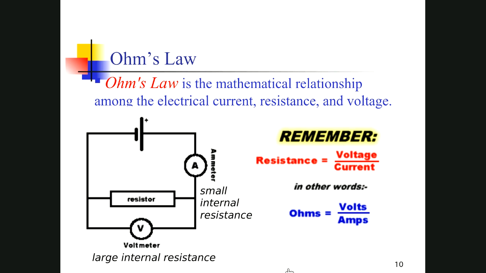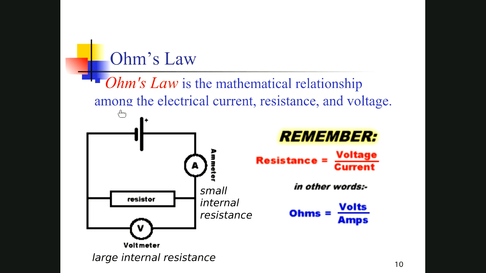Now, Ohm's law. Ohm's law is the mathematical relationship among electric current, resistance, and voltage. Simply speaking, the resistance is the voltage over the current for a given component: ohms, volts, amps. Now let's look at a given circuit as an example.